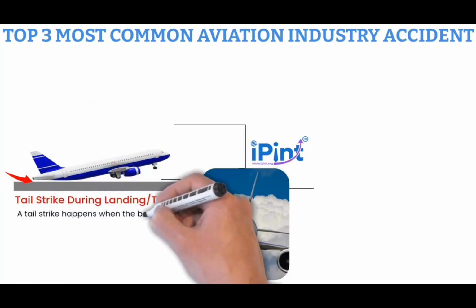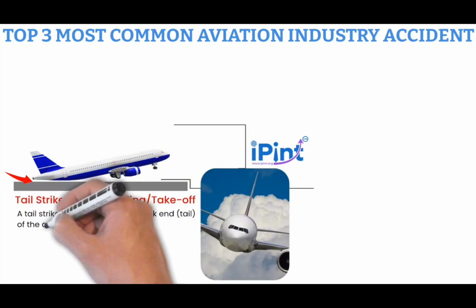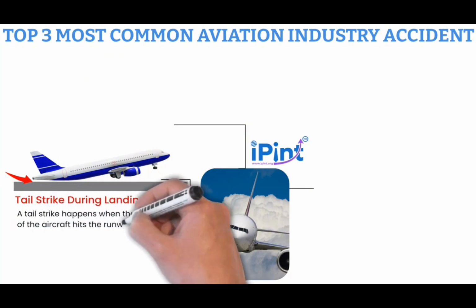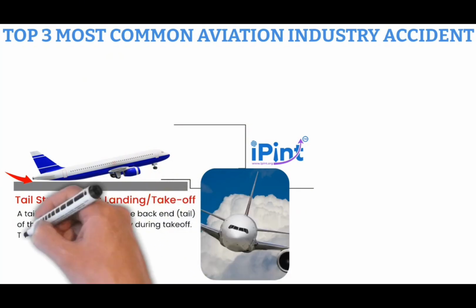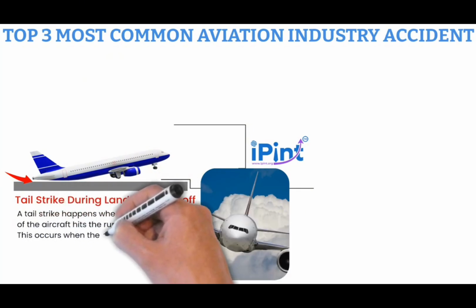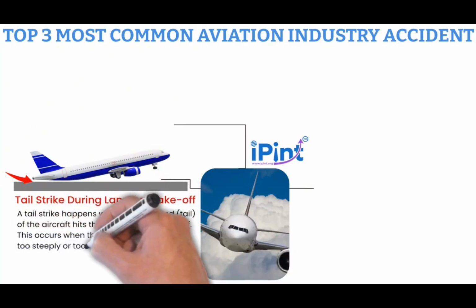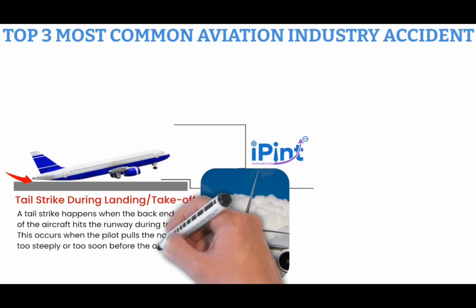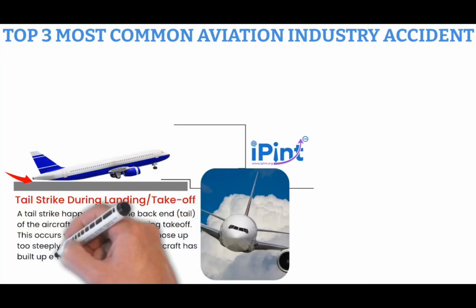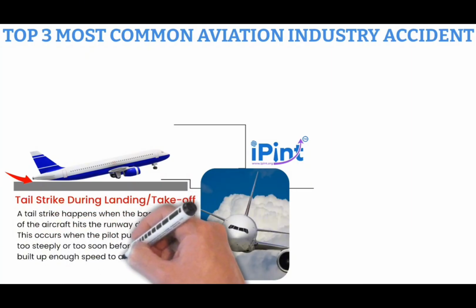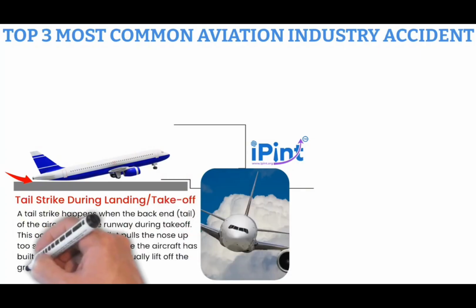This typically happens when the pilot raises the nose too steeply or too quickly, before the aircraft has built up enough speed to safely lift off. It's a split-second decision that can cause significant structural damage, and it is, in most cases, entirely preventable.